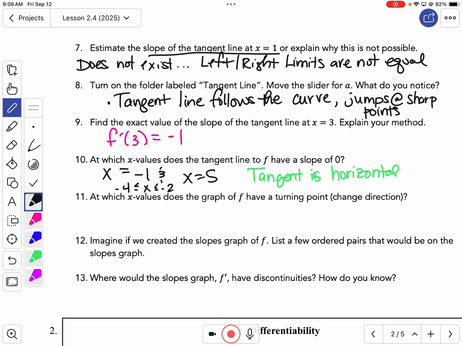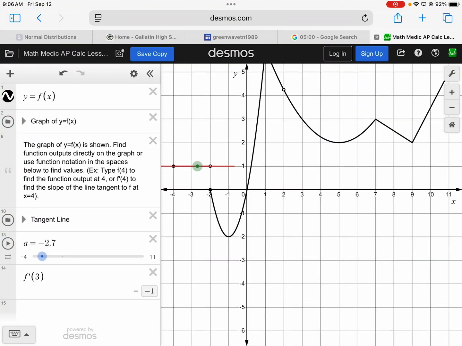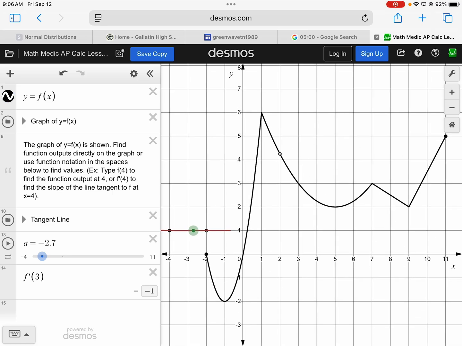In other words, where does it turn directions, change directions? All right, let's look. It's going to change directions here, so that's at negative 1. It's going to change directions at 1, at 5, at 7, and at 9. So it's changing directions at all those points.